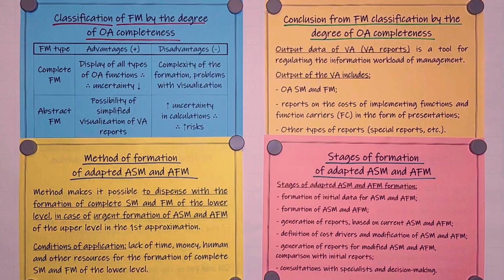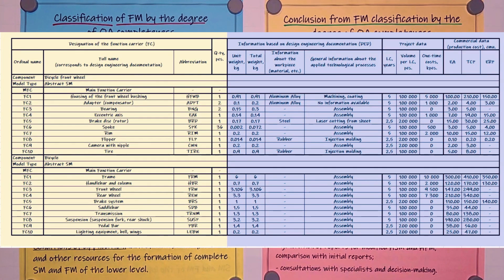For example, the conclusion that the reason for the high cost of our mountain bike is the high cost of wheels, formed on the basis of an abstract bike structural model and its functional model, and the corresponding economic value analysis report on the costs of the function carriers is in truth too general, and the effectiveness of this report, as well as of this manager, looks doubtful.